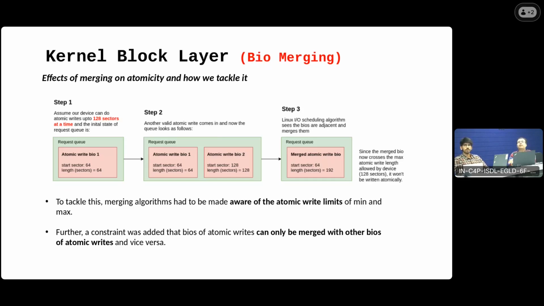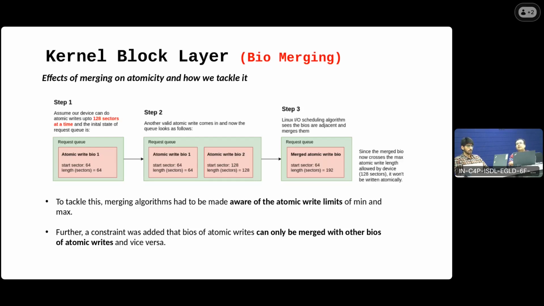So the user has taken care of the device constraints properly. Then in step 2, the block layer can see these two different BIOs, and it can merge them into a third bio in step 3. It can eventually merge them and make the start sector 64 and the length 192.